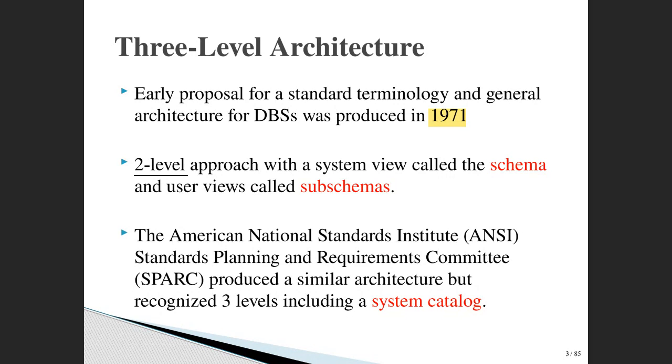So in 1971, database systems included only a 2-level architecture, and the system view consisted of the schema. This is level 1. Let me zoom in. So the schema is level 1, and subschemas are level 2.